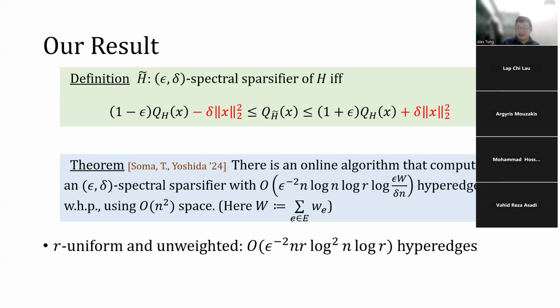You can see that there's an extra linear effect of r, and also a log n, if you compare it to the best spectral hypergraph sparsifier by Lee. Also, this algorithm is based on a sampling regime.